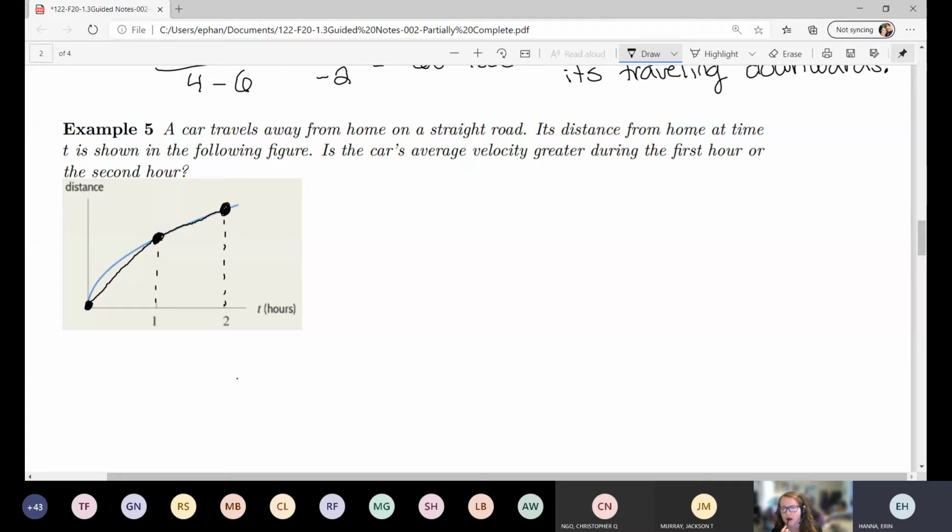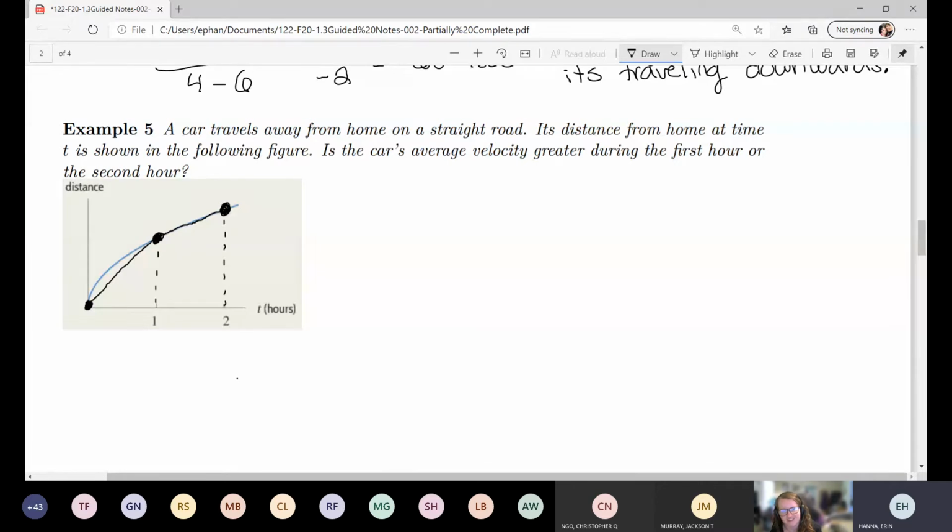I have to figure out which one has the larger average velocity. Again, the average velocity represents a slope, so I need to look at which of these two line segments has the larger slope. I should be careful about saying it like this. Because they both have positive slopes, we can look to see which one's steeper.